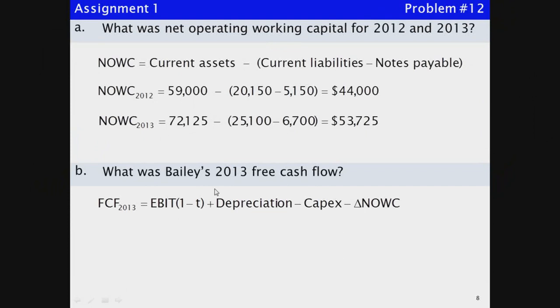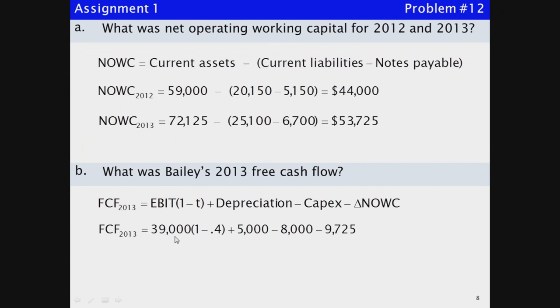And the formula for free cash flow, and by the way, there were a number of formulas we could use for free cash flow. I've chosen one of them. We'll just stick with this one for this class. So it's EBIT times 1 minus T. You add back depreciation. You subtract the amount that's spent on fixed capital, property, plant, and equipment, and you subtract any increases in net operating working capital.